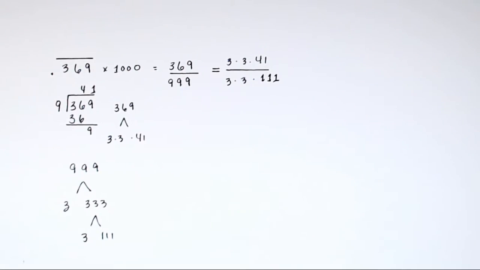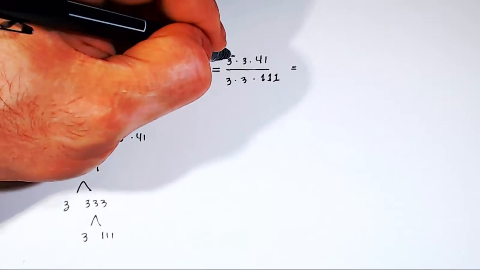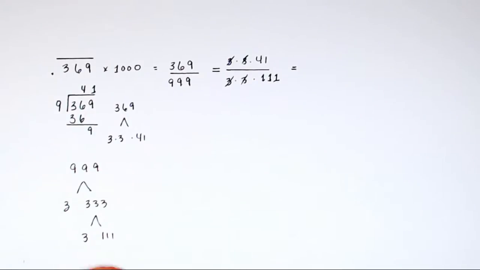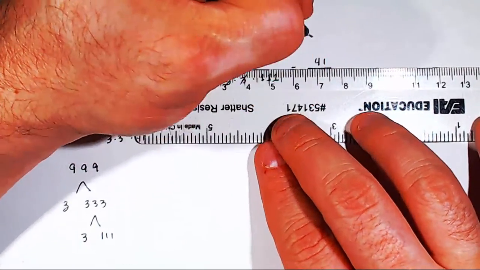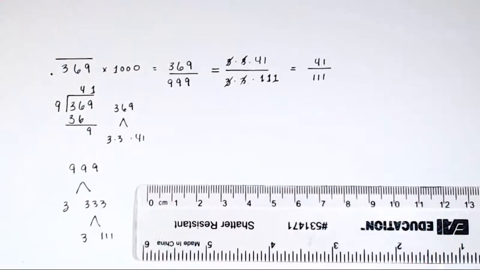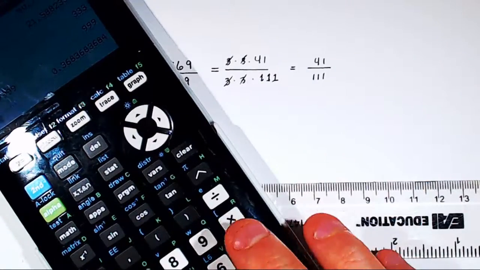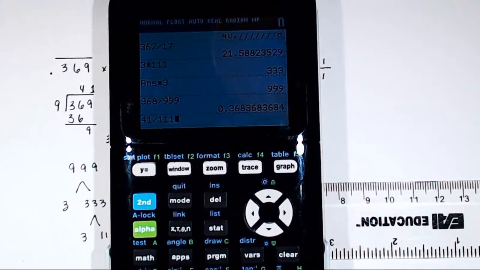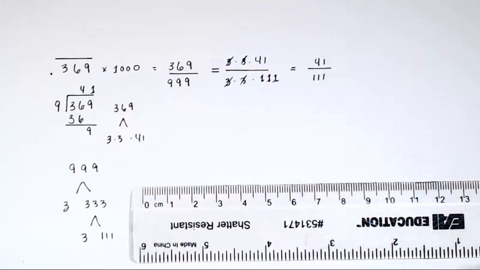Oh, good. We have something interesting happening. The numerator contains a 3 and a 3, and so does the denominator. So I could rewrite this as 41 over 111. Okay, and does that work out to be 0.369 repeating? 41 divided by 111. Yep, works out to 0.369 repeating.